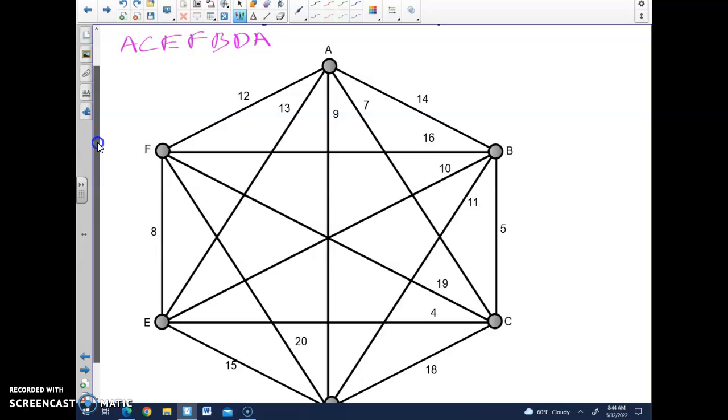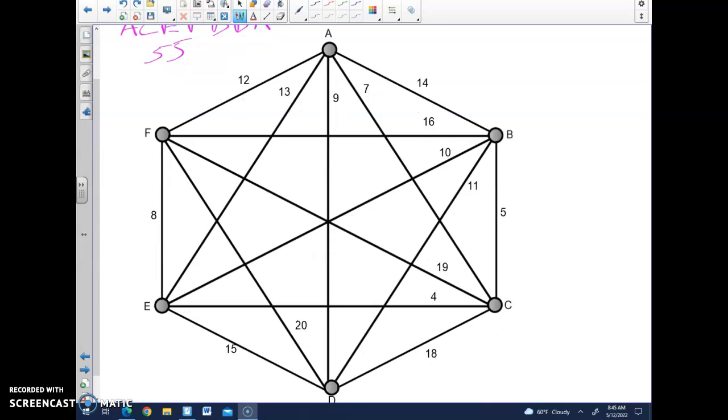So A to C is 7, C to E is 4, that's 11, E to F is 8, that's 19, F to B is 16, 19 and 16 is 35, B to D is 11, 35 and 11 is 46, and 46 and 9 is 55. So that's my nearest neighbor.